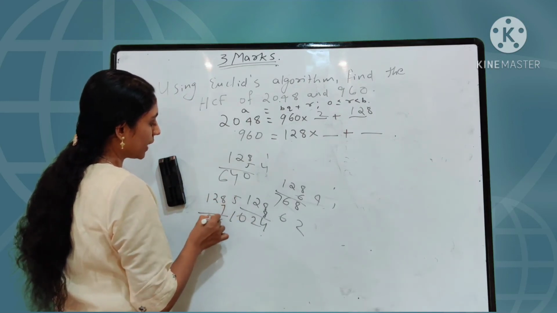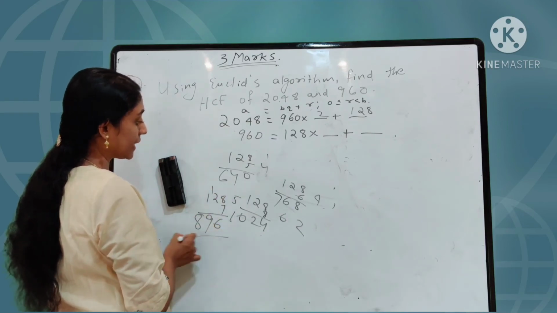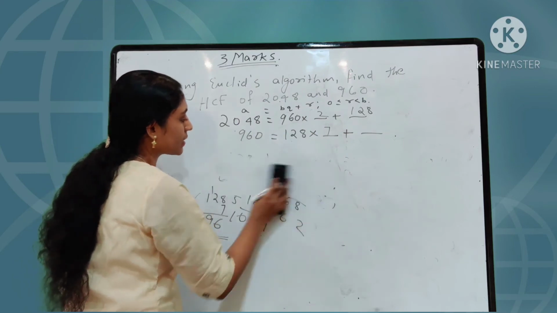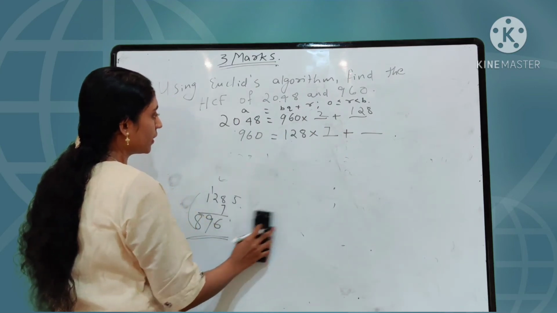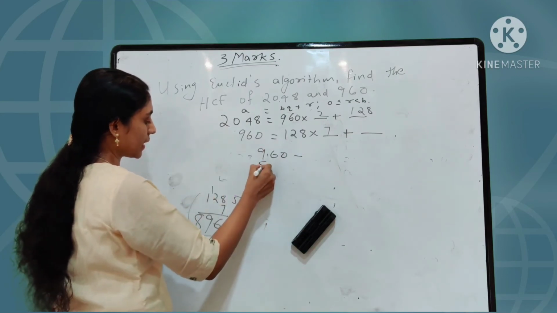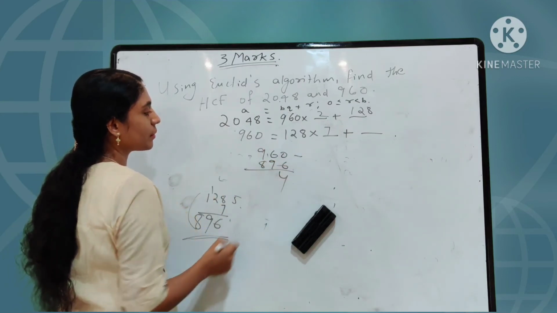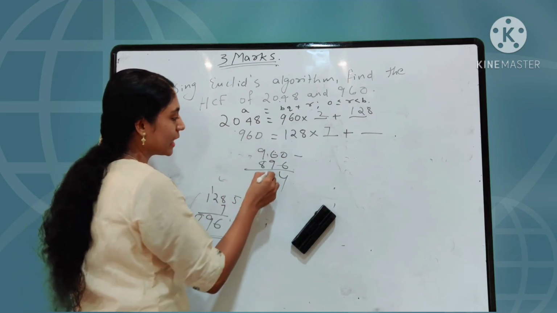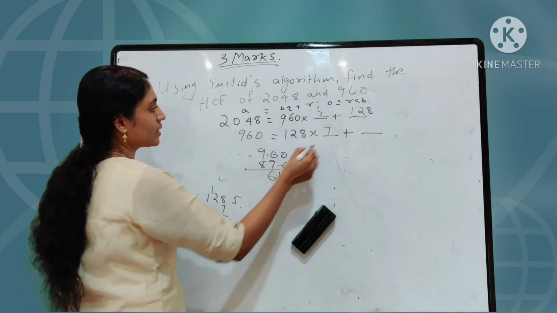It is 896. So we can take 128 into 7. And what is the remainder? How to find the remainder? 960 minus 128 into 7. 128 into 7 is 896, right? So what is the remainder? It is 64.